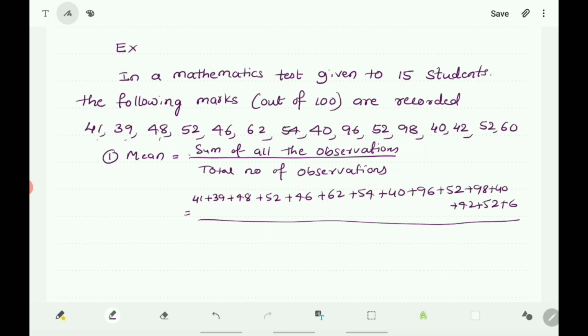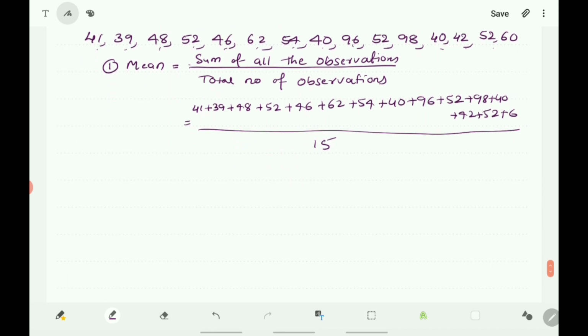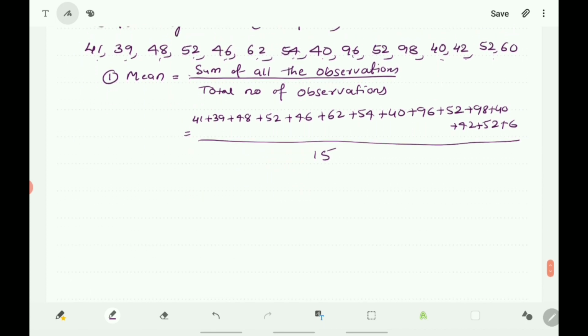1, 2, 3, 4, 5, 6, 7, 8, 9, 10, 11, 12, 13, 14, 15. 15 scores are there. 15 observations are there. By adding all this, you will get the sum 822. That divided by 15. So, mean is equal to 822 divided by 15.